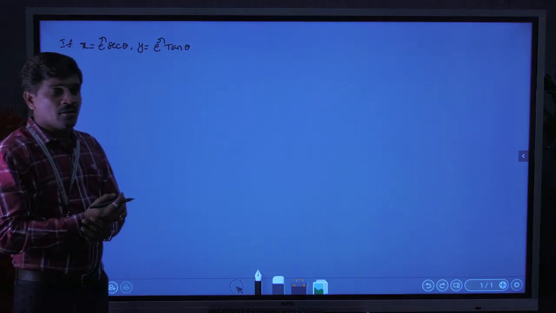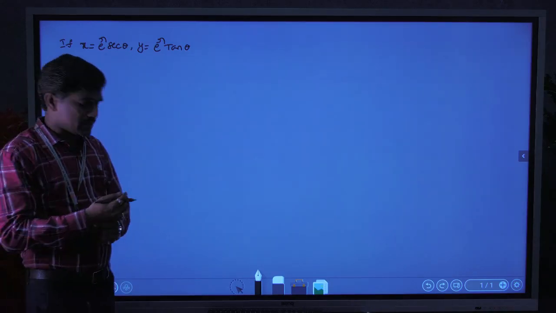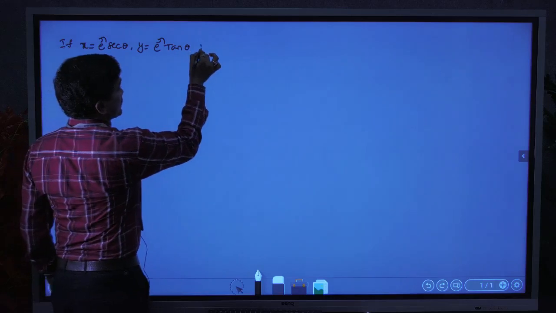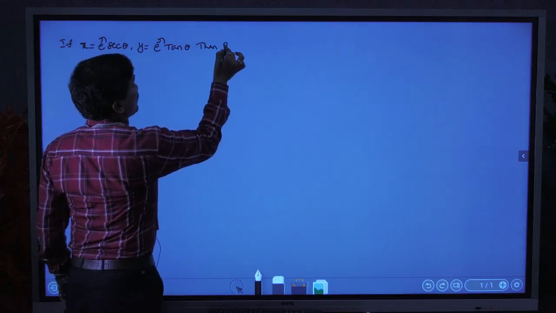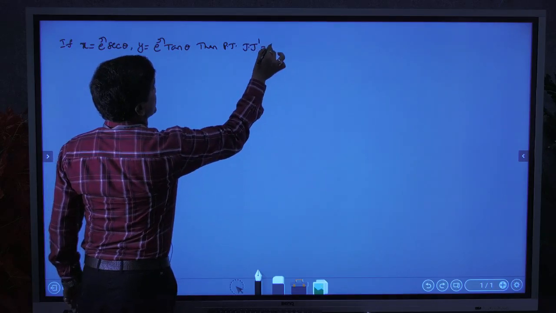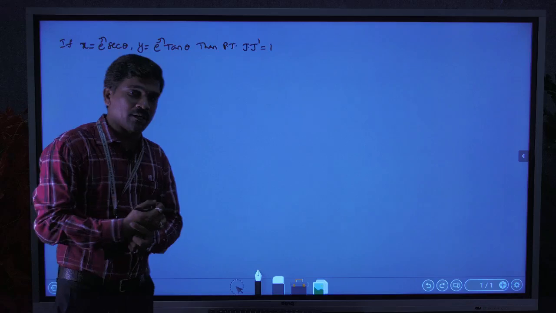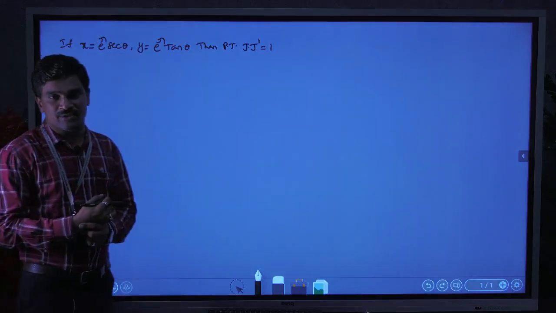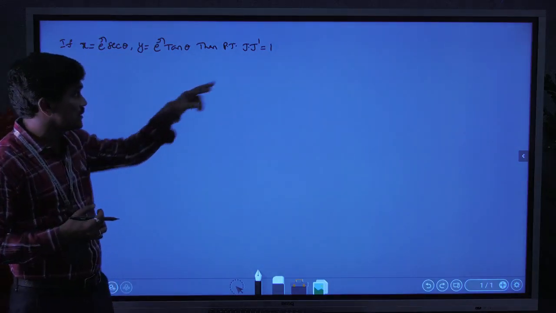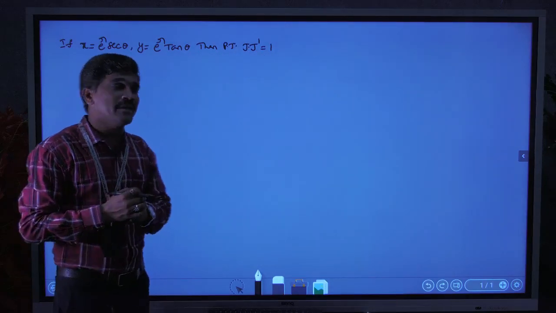X is e power r secant theta, y is e power r tan theta. Then prove that J J dash is equal to 1. So what is J and what is J dash? Already we discussed what J and J dash are. This is a property of Jacobian.